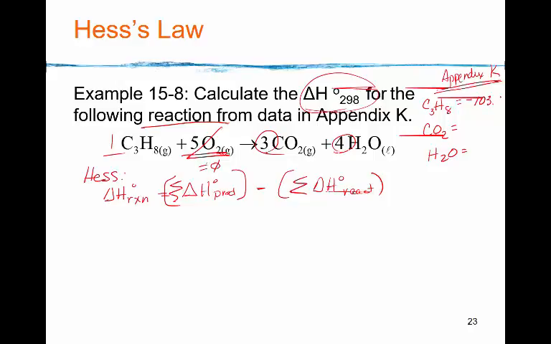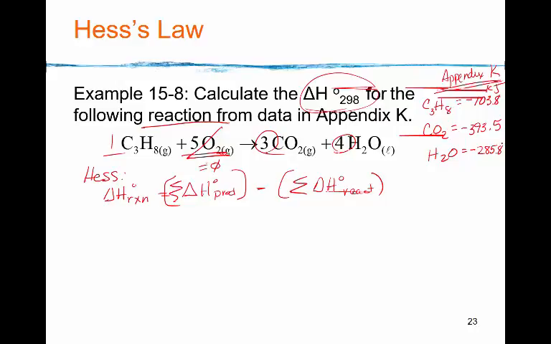Propane is minus 103.8, and these are all in kilojoules. The CO2 is minus 393.5 kilojoules, and water is minus 285.8 kilojoules. Those are our numbers.